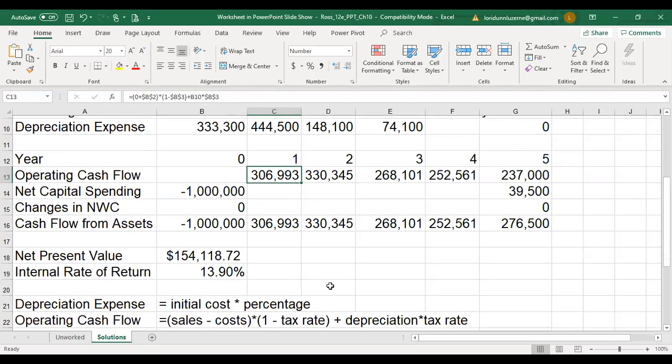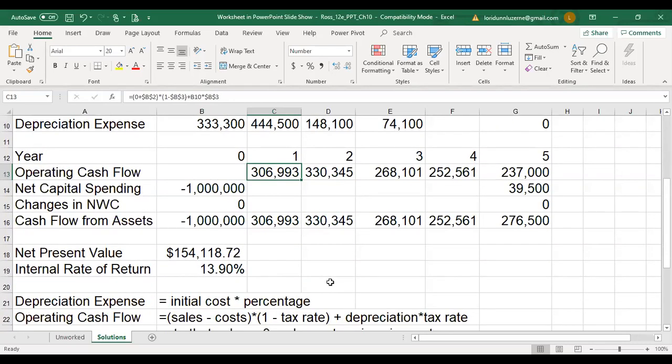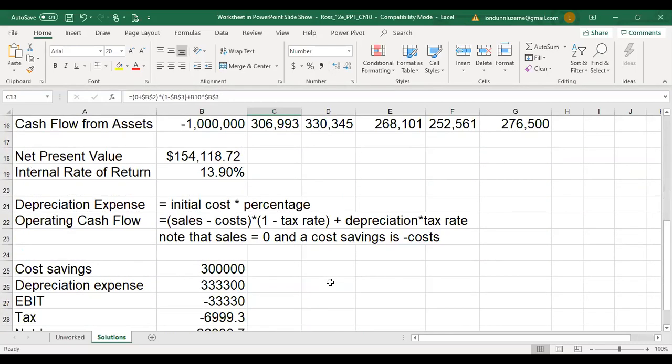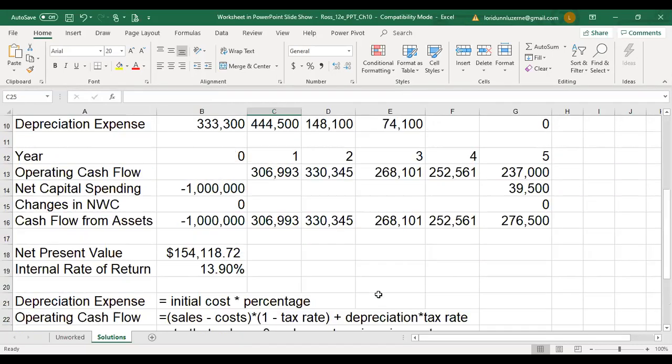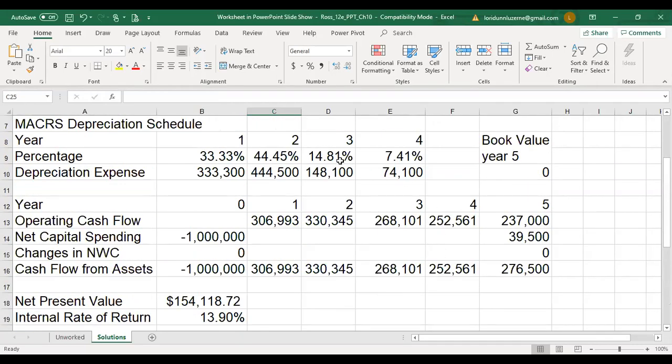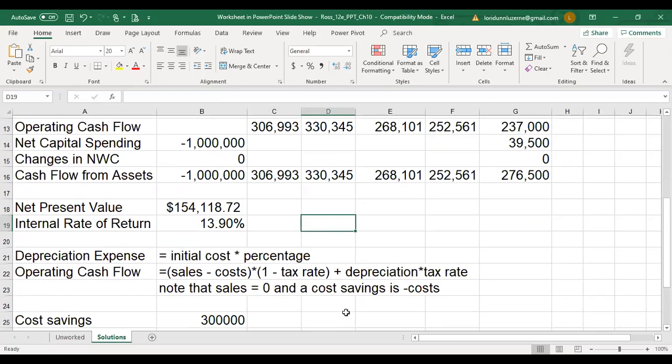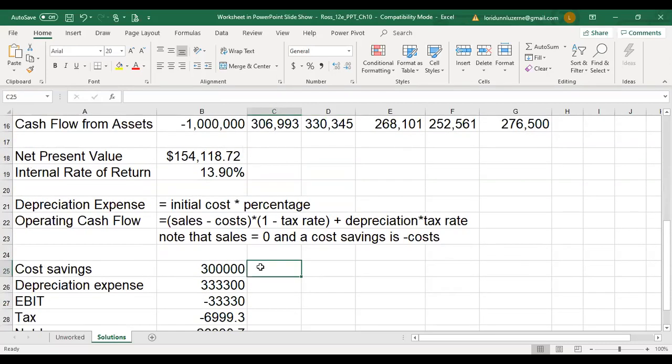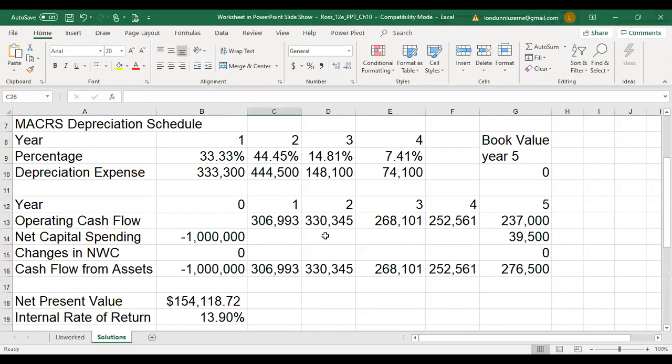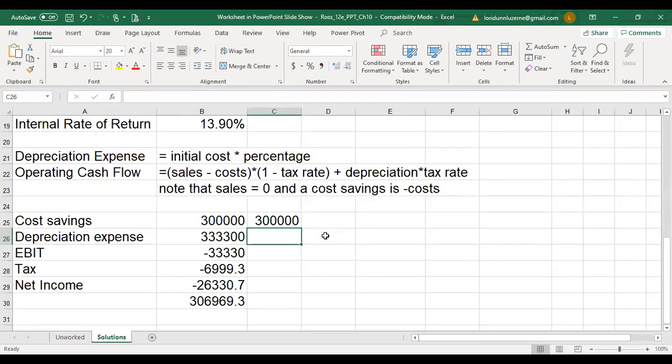So in year 2, you can do the bottom up. You can say, okay, my year 2 cost savings is 300,000. My depreciation is 444,500. That will leave me, and I'll just show you this right here, right next to it. 300,000, because I'm just going to put the numbers in, the 444,500.